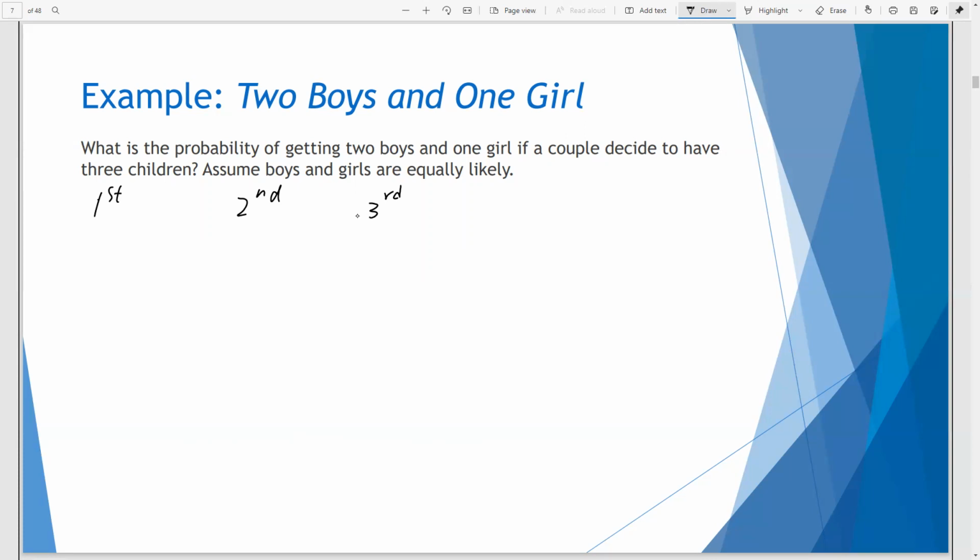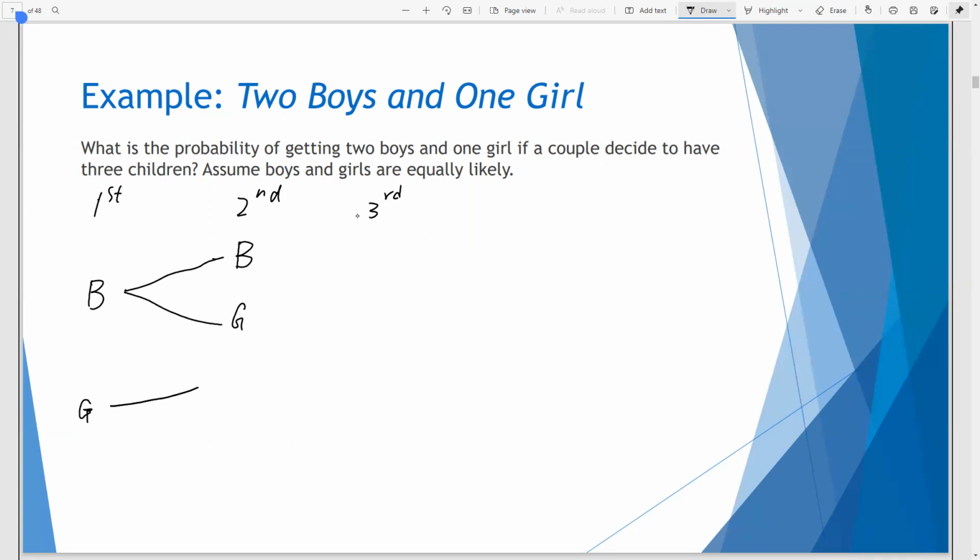No matter what happened, the first kid could be either a boy or a girl, right? That's for sure. Then if the first newborn is a boy, your second is not affected, and that's still equally likely to be a boy or a girl, right? That likelihood is still a 50-50 chance.